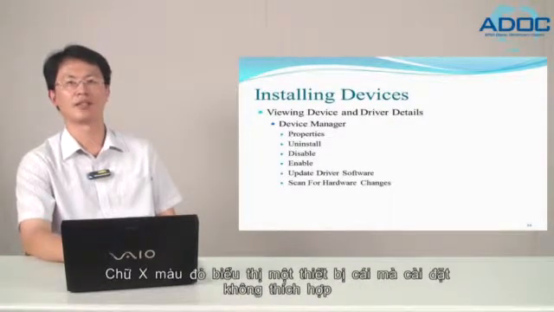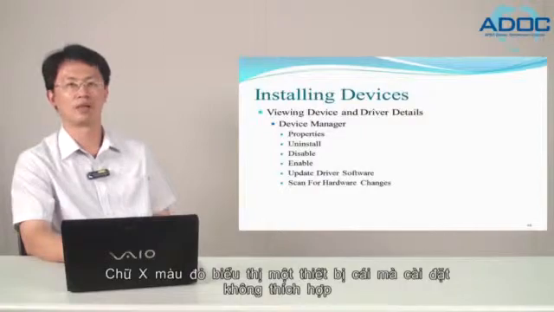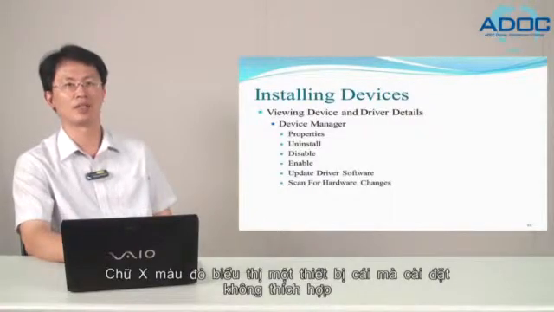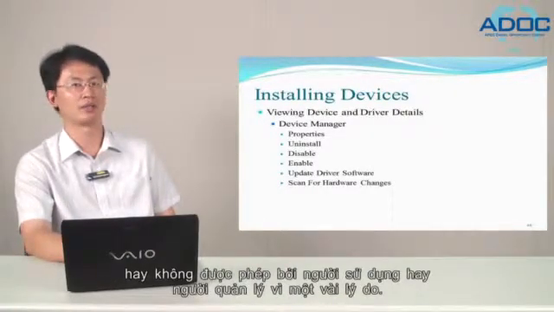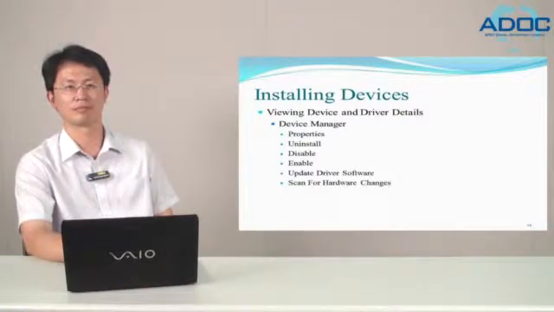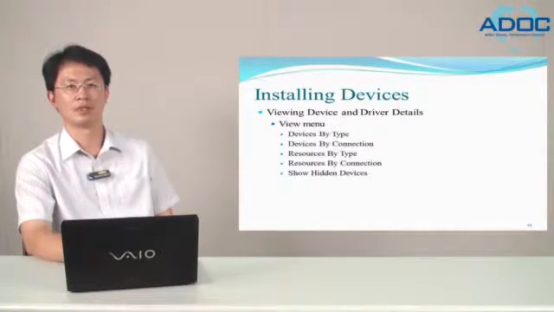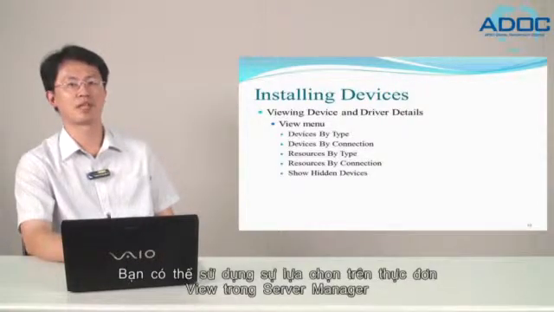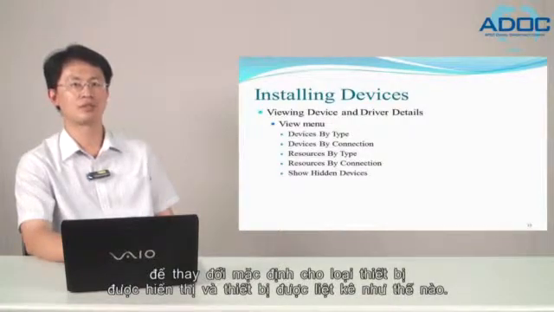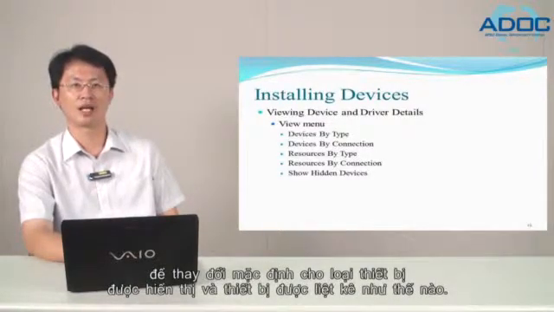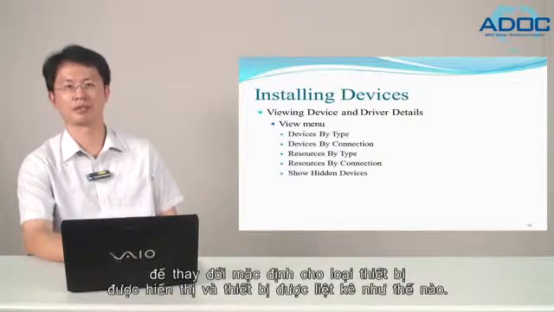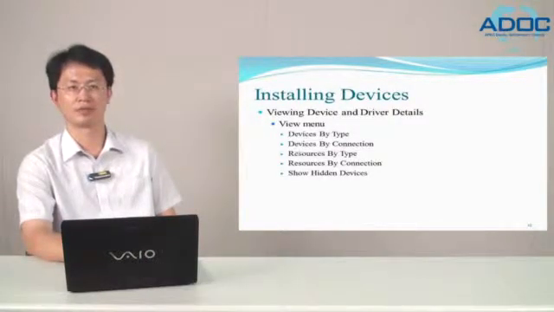A red X indicates a device that was inappropriately installed or disabled by the users or the administrators for some reason. And you can use the options on the View menu in Server Manager to change the defaults for which type of devices are displayed and how the devices are listed.